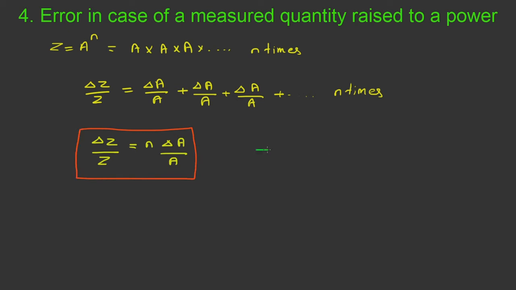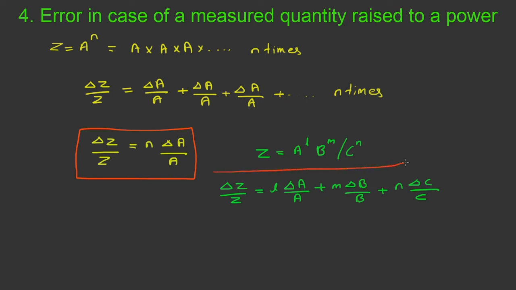So in general, if Z is equal to A raised to L, B raised to M divided by C raised to n, then the relative error delta Z by Z is equal to L into delta A by A plus M into delta B by B plus N into delta C by C. So this can be used to find the relative error in a formula.